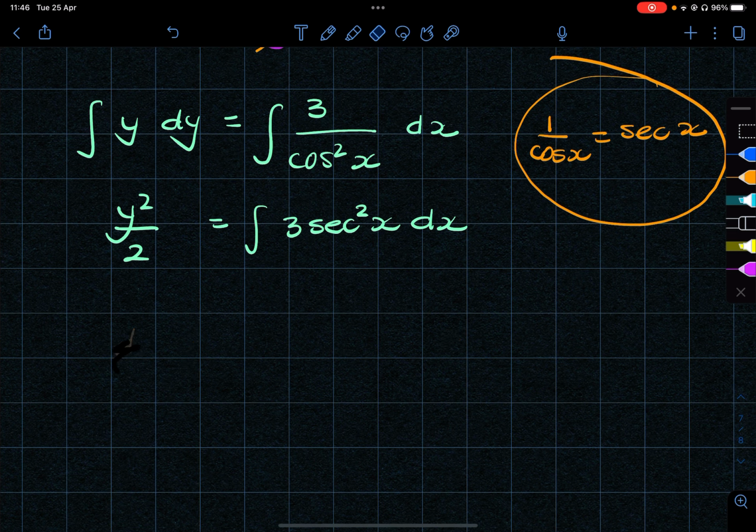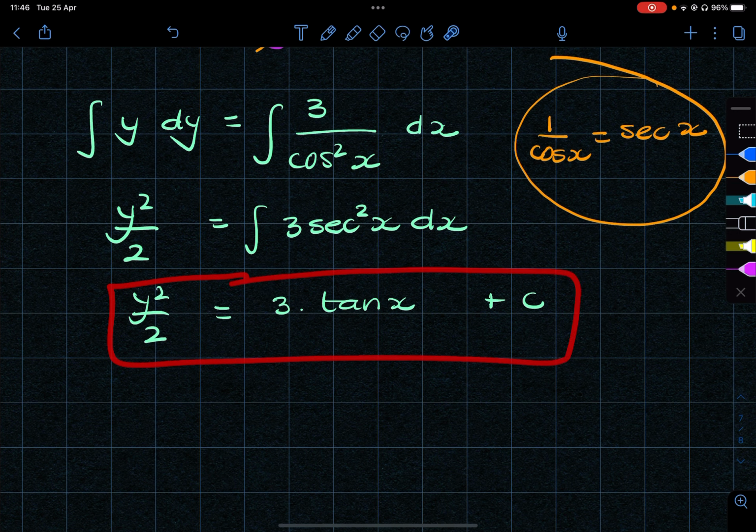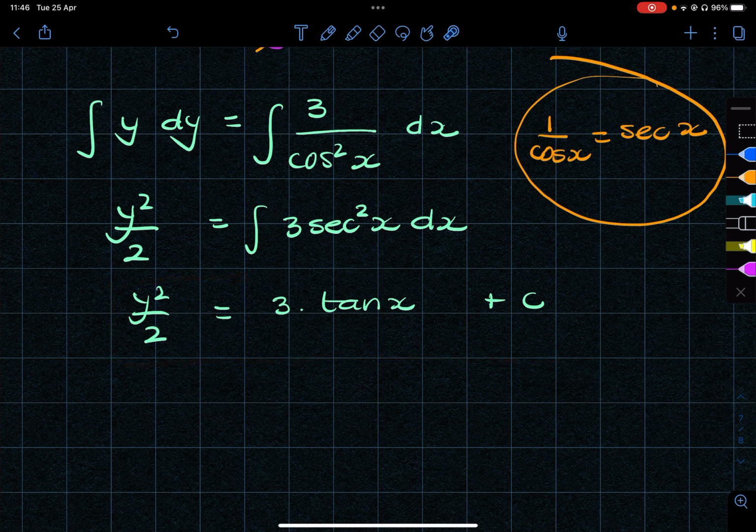So we can now rewrite this as 3, because that's unchanged, times tan x plus constant. So that's y squared over 2. So that is the end of the solution, except this is called the general solution.